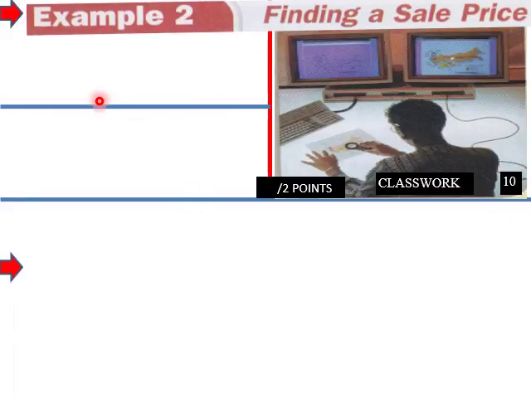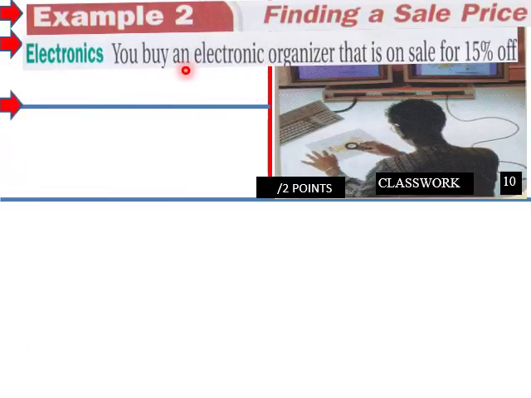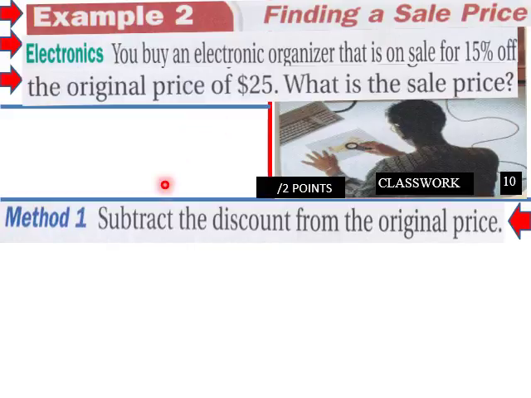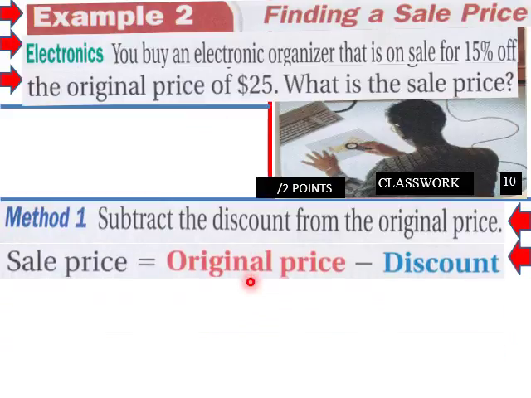Our second example, finding a sale price. You buy an electronic organizer that is on sale for 15% off. The original price is $25. What is the sale price? Subtract the discount from the original. The original is 25 and it's 15% off of 25.